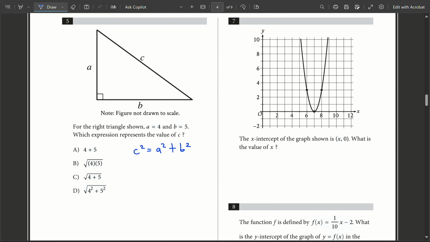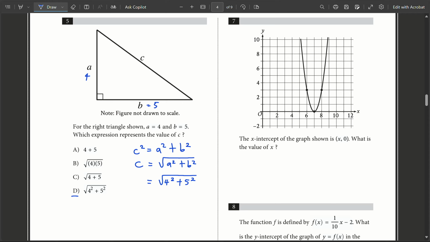So in order for us to find C, it would be the square root of A squared plus B squared, which would be equal to the square root of, if A is 4 and B is equal to 5, the square root of 4 squared plus 5 squared, and that is D.